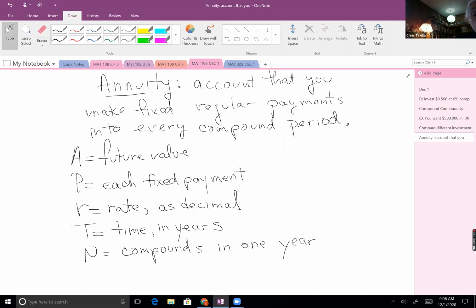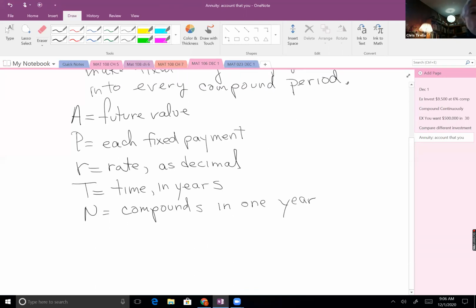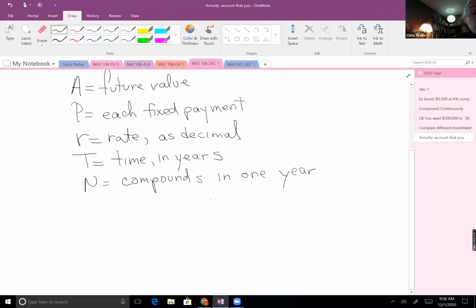And we're going to have two different versions of this formula. One version is going to be if I know how much money I'm going to put aside on a regular basis. If I know how much money I want to set aside every month, and I want to know how much money I have in the future.